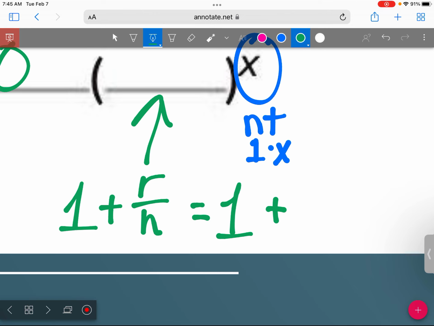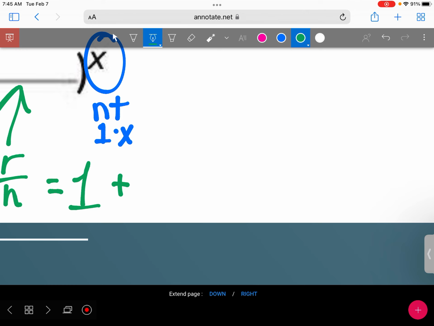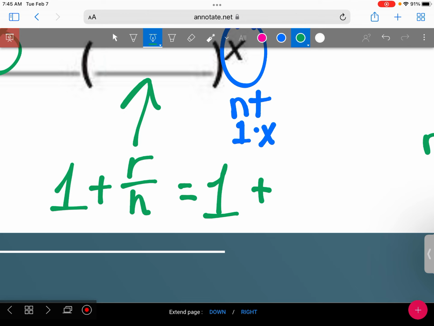What is R? Yeah, at 9%, but we got to change it. So this is going to be R equals 0. Ah, shoot, guys. That's my fault.